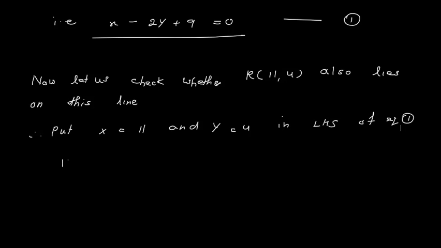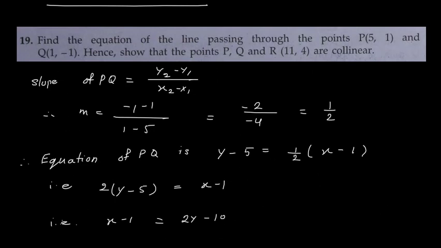So 11 minus 2 into 4 plus 9. This is 11 minus 8 plus 9; 11 plus 9 is 20, 20 minus 8 is 12, which is not equal to 0, which is not equal to the RHS. If it is not equal to the RHS, then the point will not lie on the line.